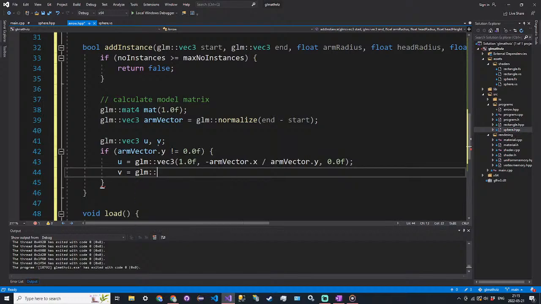V is equal to glm vec3 0, minus arm vector dot z divided by arm vector dot y, 1.0.